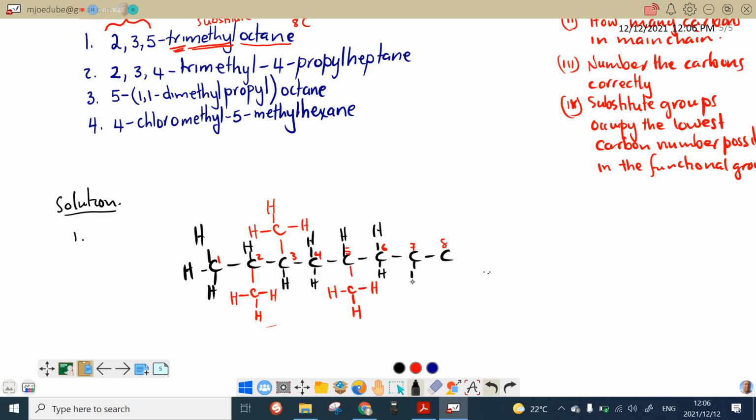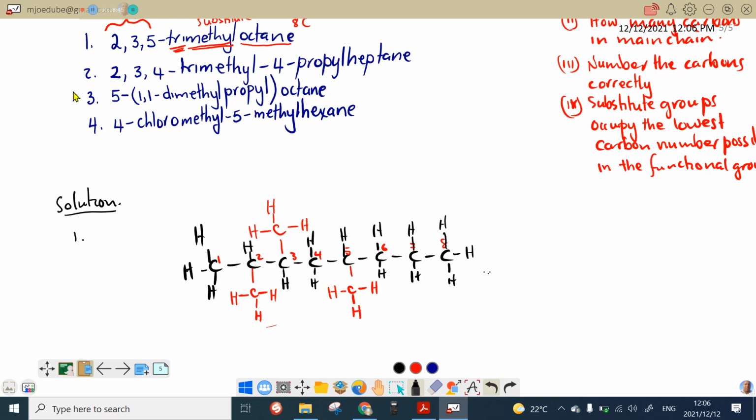And then another one, another one, another one, and another one. That's it. You find that everybody is accounted for, and there is the structure of the compound that you're asked to find.